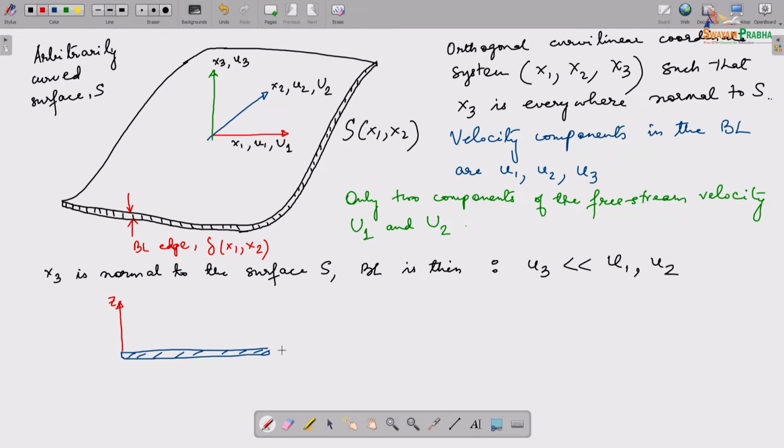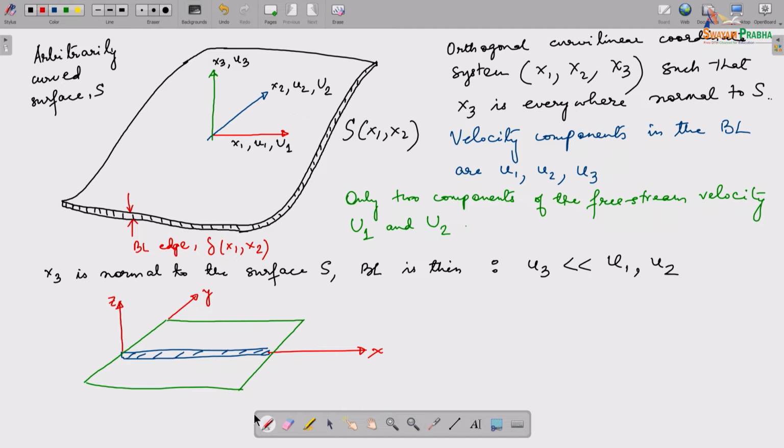Let's just say this is C and this is X. Now you are also considering the span, so that you have another dimension which is y, the y direction. If you compare it with what we have here, this is x1, this is x2, and this is the x3 direction.